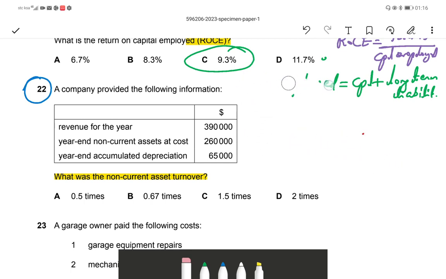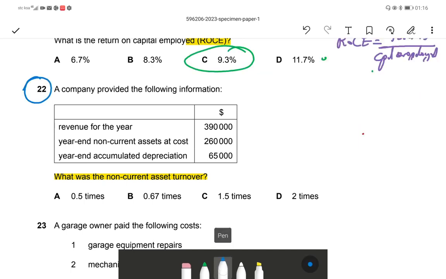What is the equation to calculate non-current asset turnover? Non-current asset turnover is equal to revenue divided by non-current asset.